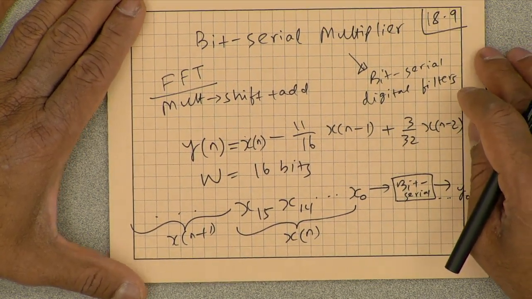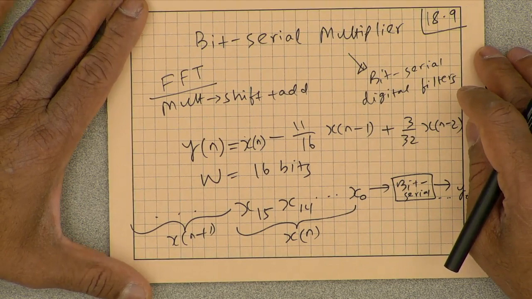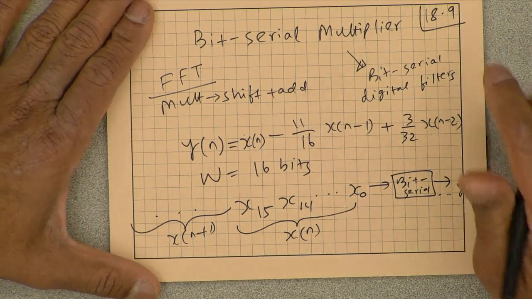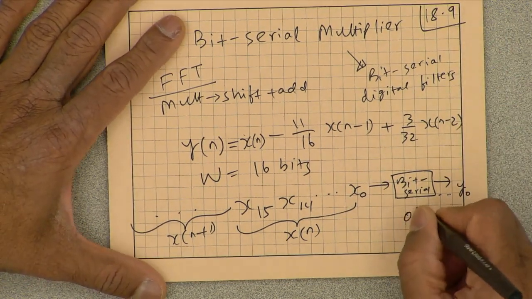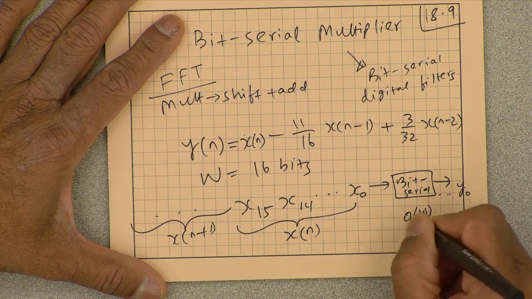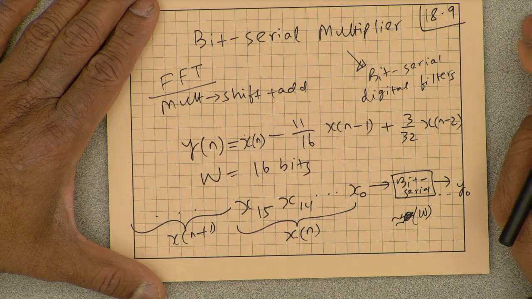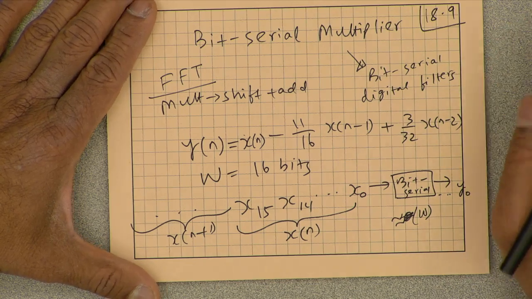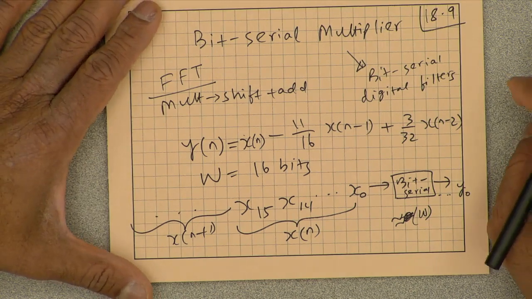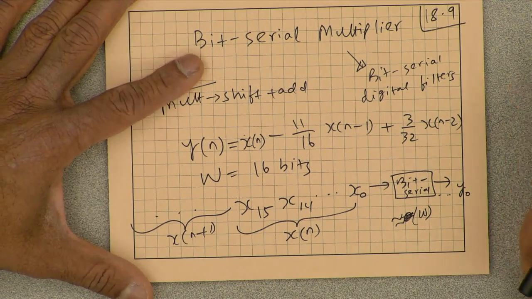So in general, the total number of adders is roughly proportional to w squared. In bit serial, it is about w. So the bit serial multiplier can be computed using about w binary adders as opposed to w squared.